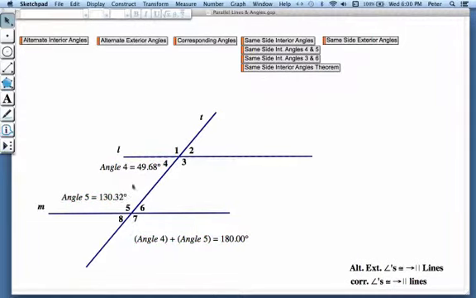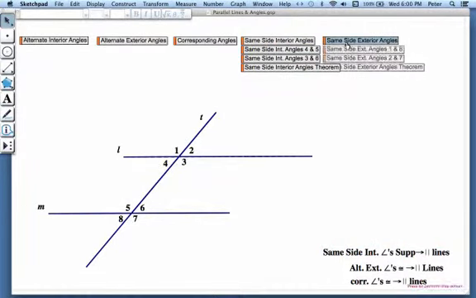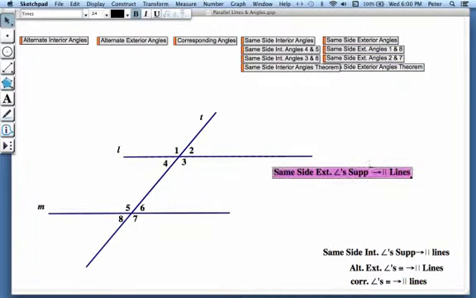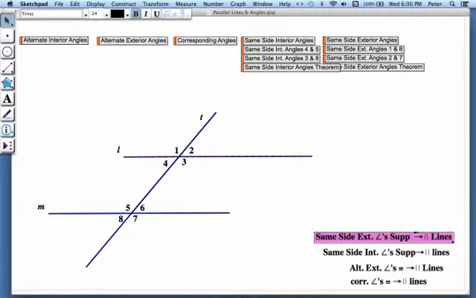Now you'll notice those are not congruent. They're in fact supplementary. So if same side interior angles are supplementary, that can imply parallel lines. And very similarly, if same side exterior angles are supplementary, that implies parallel lines.